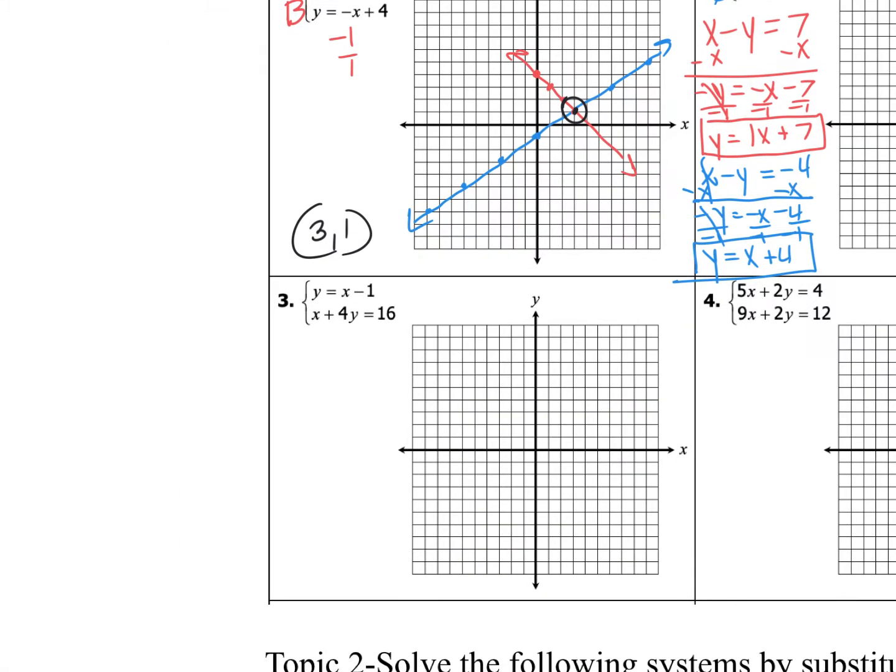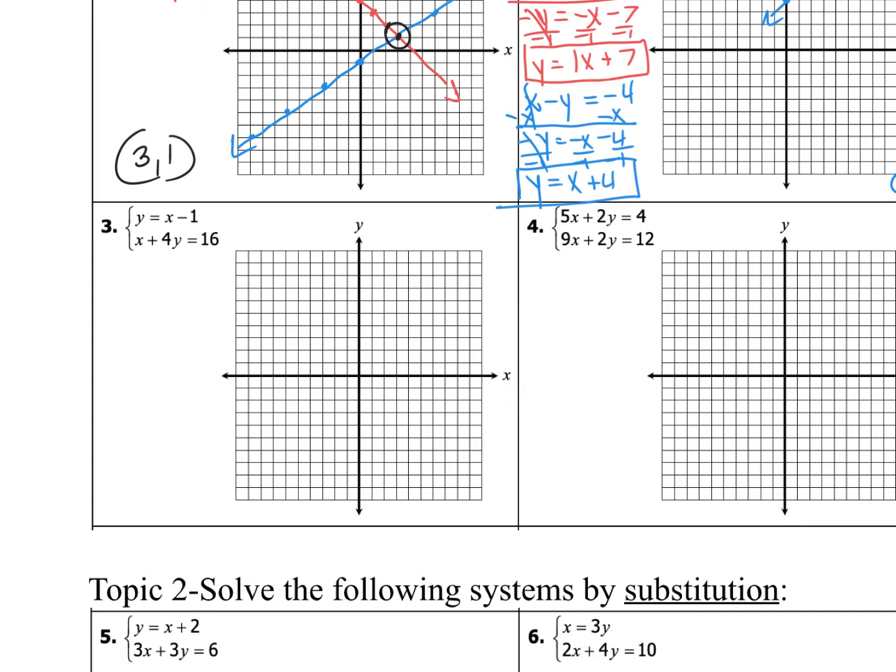Okay, number 3, the first function, y equals x minus 1, that starts at -1, up 1 over 1. And when they're in slope-intercept form, we don't really have to waste any time. We can go ahead and just put them on there. Okay. All right, and then for the second function, we got to do a little work. So let's go ahead and convert this to slope-intercept.